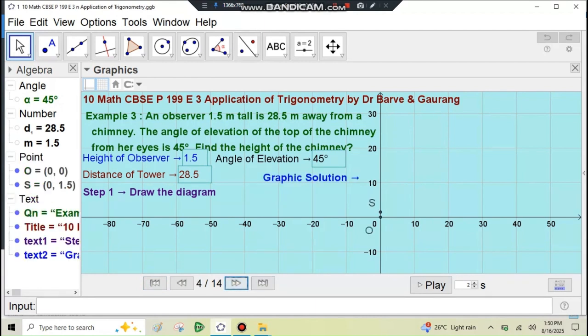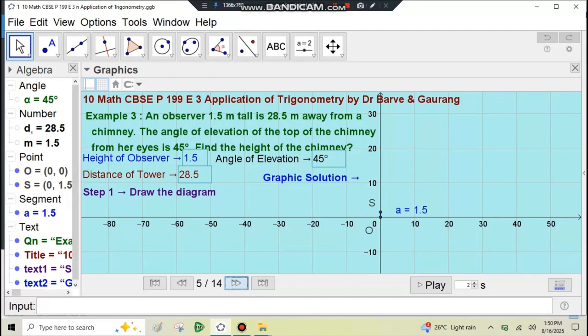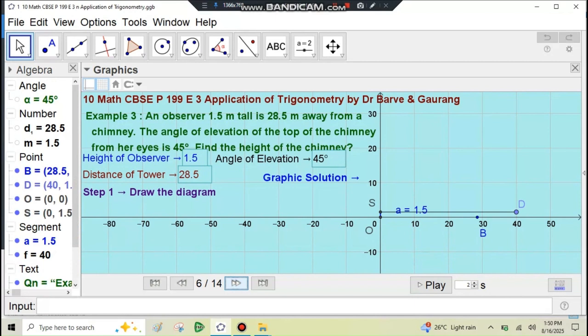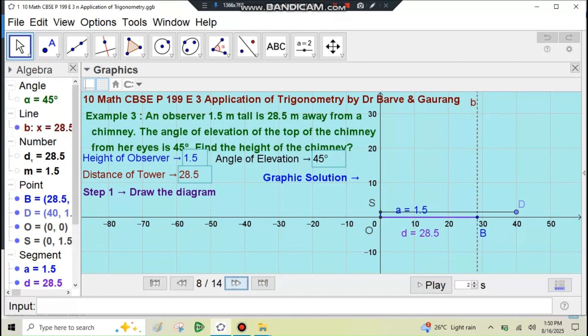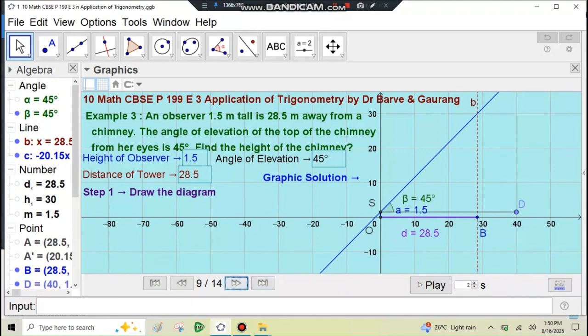So here what I have done, this is the ground level and this is the eye level. Now I locate the base of the chimney. So chimney is here. And we have 28.5 the distance of the chimney, and you see that at beta 45 degree we draw one line, and wherever this line cuts, this is going to be the top of the chimney.